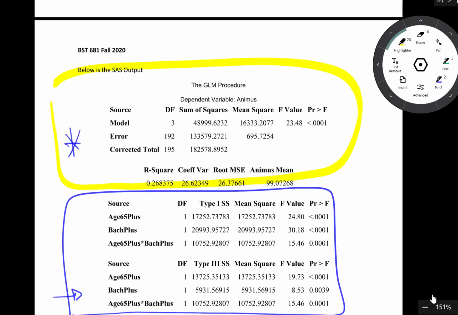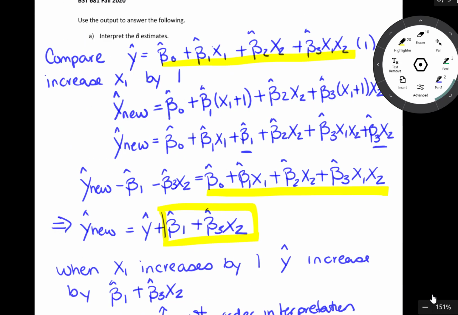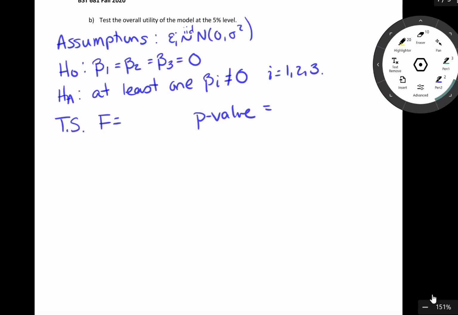This is what we're going to want to use. And so notice here, we have our test statistic and our p-value. Right, so our test statistic is 23.48, and our p-value is actually going to be something less than 0.0001.